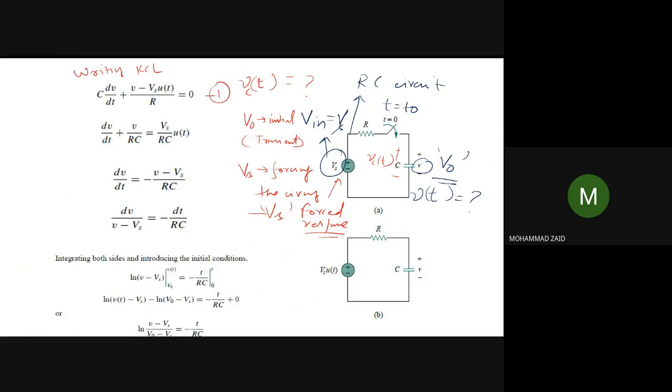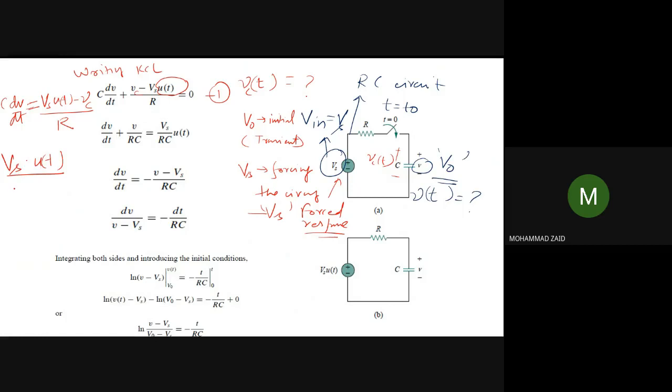We can write down, if you see this equation, C dV by dt is equal to (Vs minus Vc) upon R. So C dV by dt is equal to Vs u(t) minus Vc, this is the capacitor voltage which we are going to find out, divided by R. Now when we take it to the RHS side, it will become (Vc minus Vs u(t)) by R. The important thing here is this: we are not writing Vs, but we are multiplying Vs, that is the source voltage, by u(t).